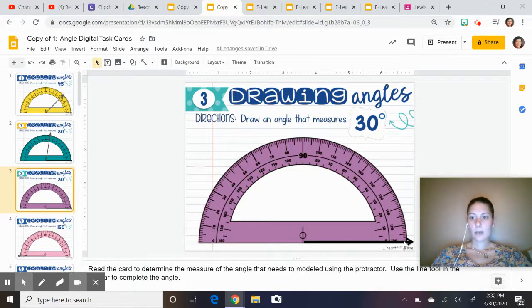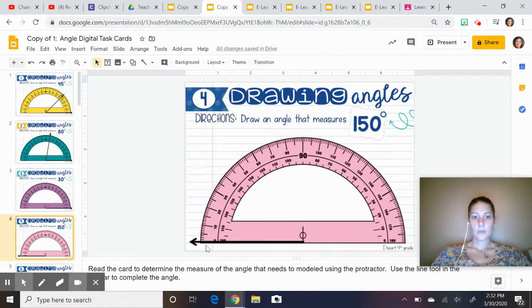All right, so our bottom ray is lined up with 0. We need to have a line that measures 30 degrees. So I'm going to start my vertex and I'm going to match my top ray up with 30 degrees. Okay, going to the next one. They've swapped our bottom line, so we have to be careful with this. Let me click on my line here. We've got a 150 here.